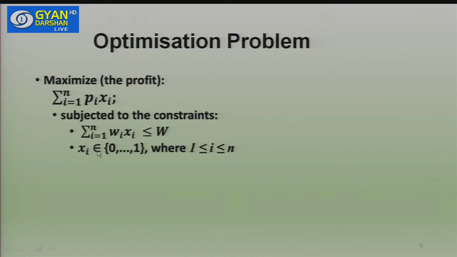And as earlier, the value of the fraction xi can be from 0 till 1, any value between 0 to 1, for all the objects, from the first object till the nth object. So we can pack any amount within the knapsack.